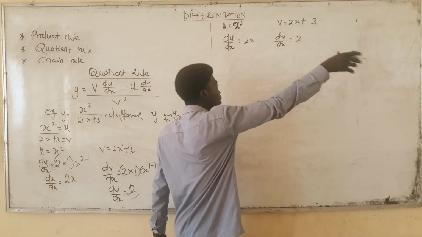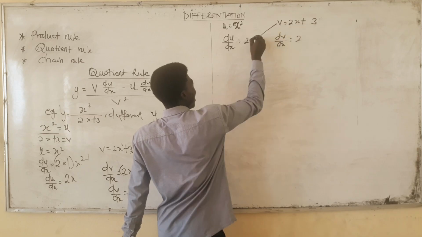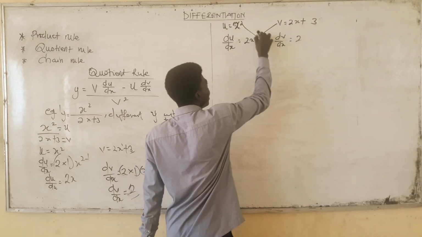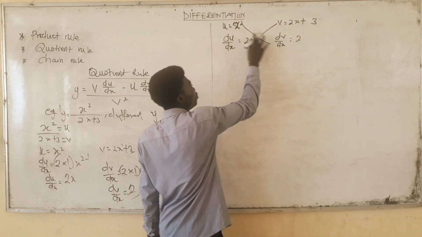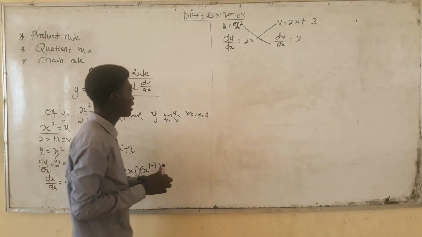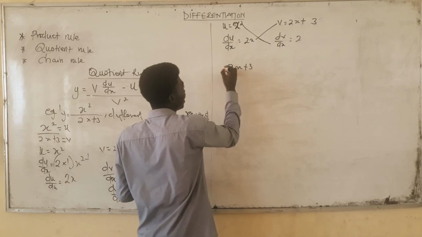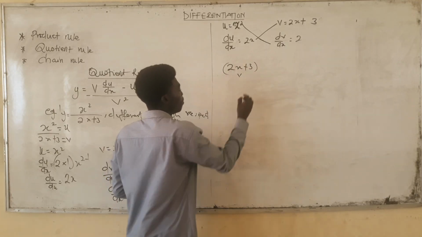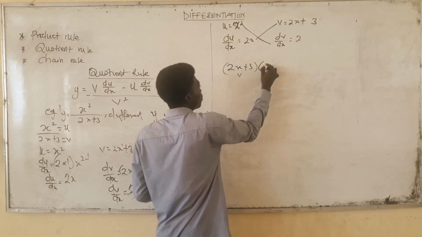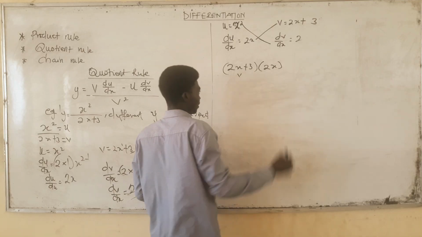As we do for the product rule, you multiply v by du/dx, and u by dv/dx. But in this case the v comes first, so we bring the 2x plus 3, which is v, multiplying our du/dx, which is 2x.